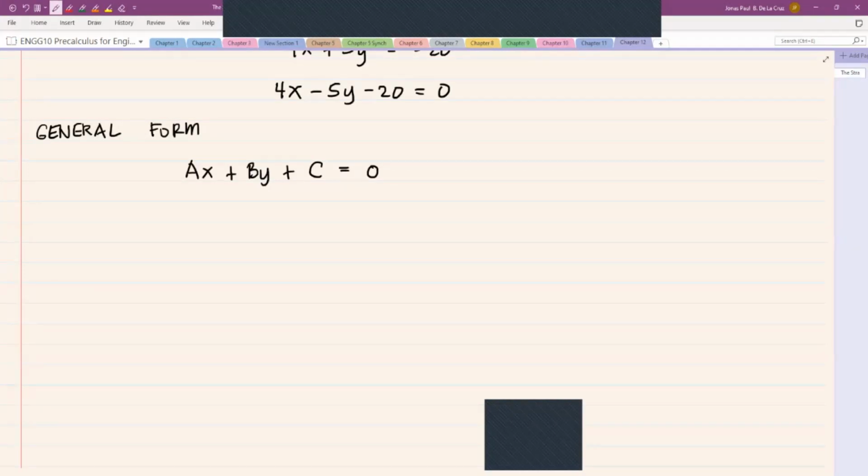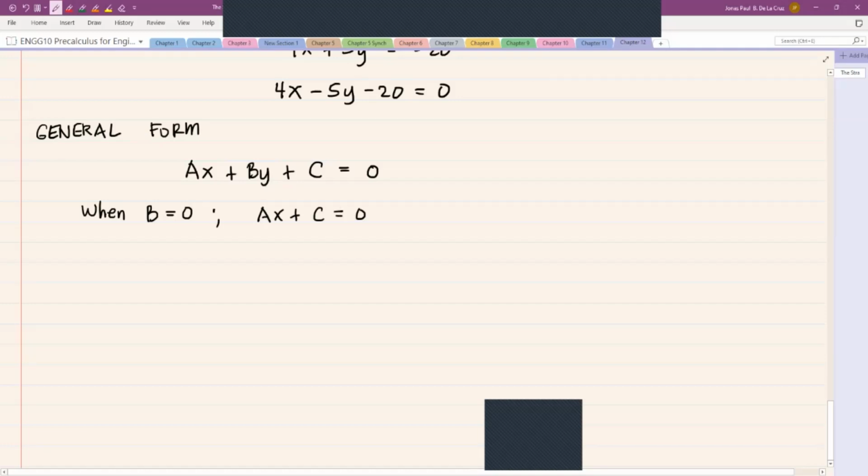Okay. So, when b is equal to 0, tignan natin ha. For example, when b is equal to 0, itong formula natin magiging ax plus c is equal to 0 na lang.